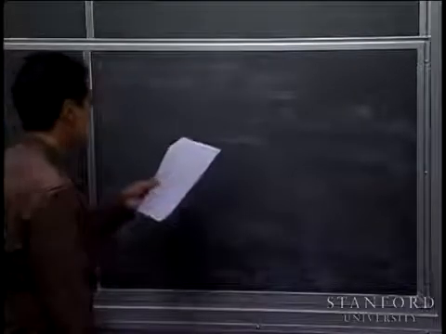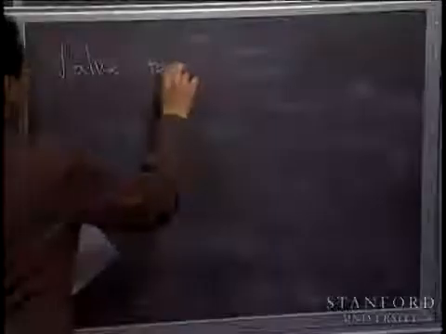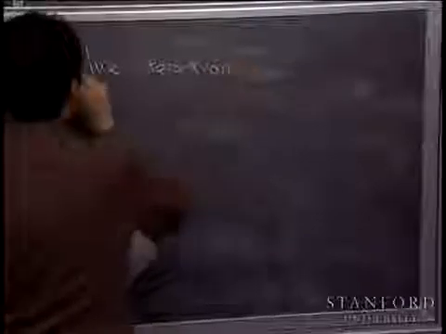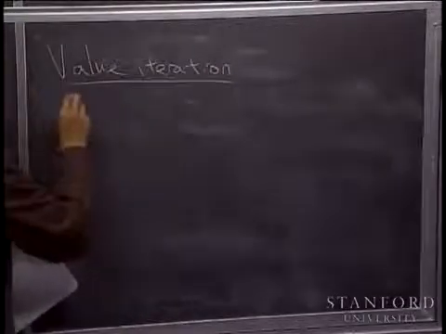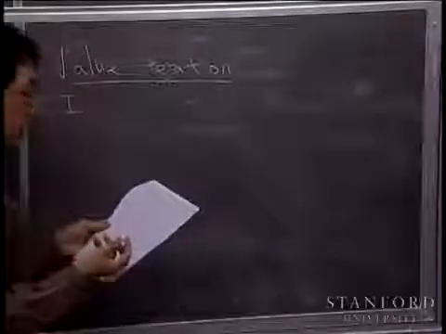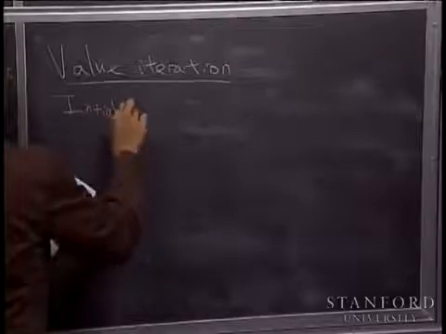Okay, let's just talk about the algorithm. So this is an algorithm called value iteration, and it makes use of Bellman's equations for the optimal policy to compute V star. So here's the algorithm.